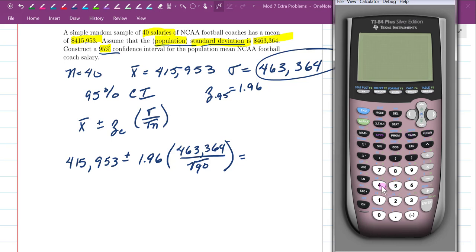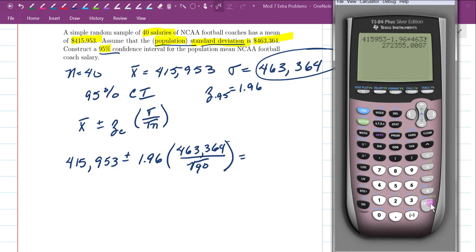So I'm going to go 415,953 minus 1.96 multiplied by 463,364 divided by my second, and is it my log? Let me look at my own calculator. Nope, it's the x squared. Right there, that brings up my square root, and my sample size is 40, and I hit enter.